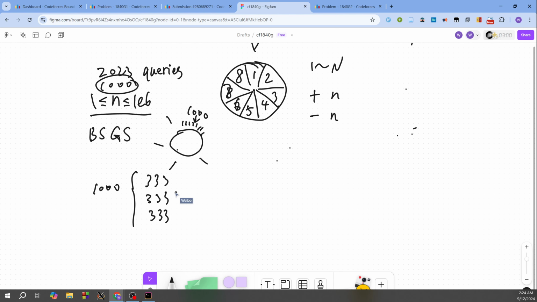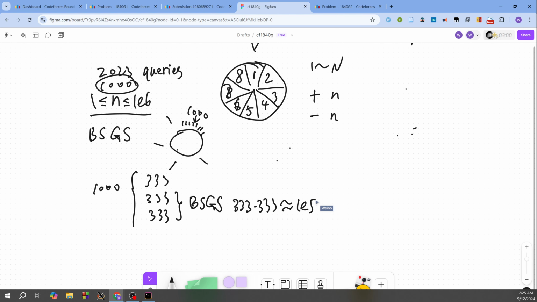So the last two steps we still do BSGS, and by so we are guaranteed to detect any range less than 333 times 333, which is roughly equal to 100,000.